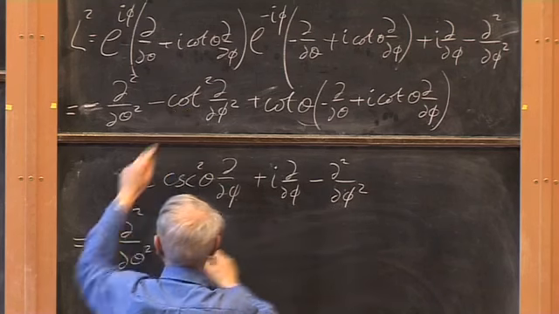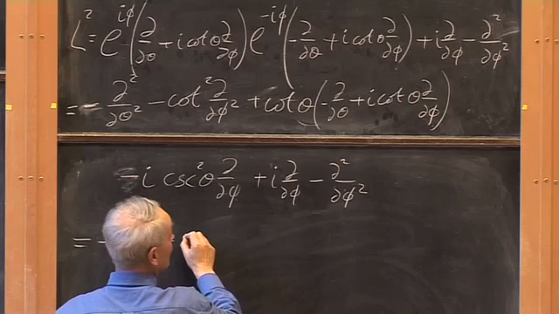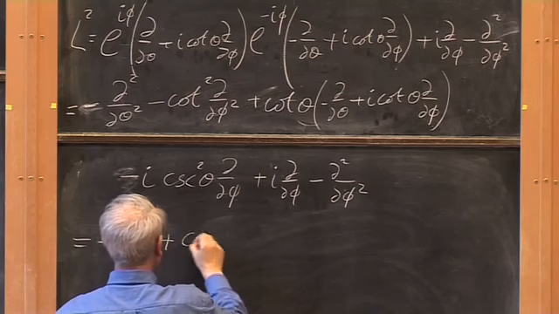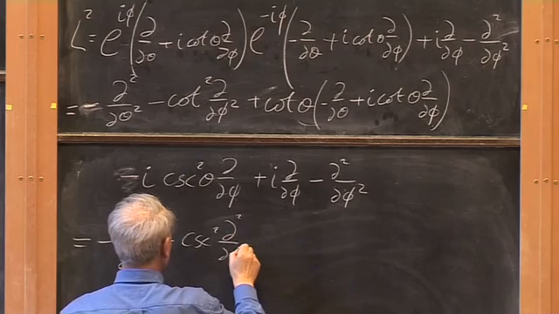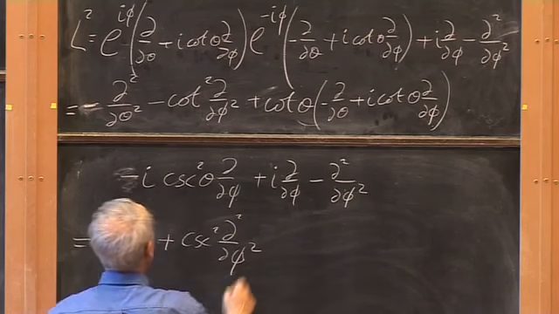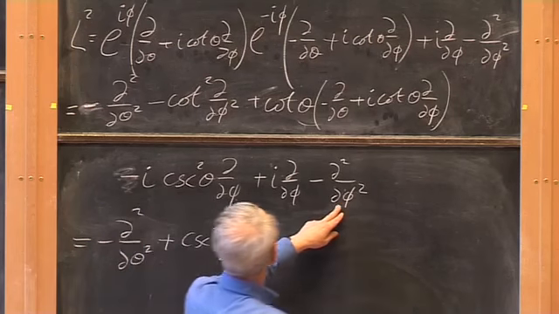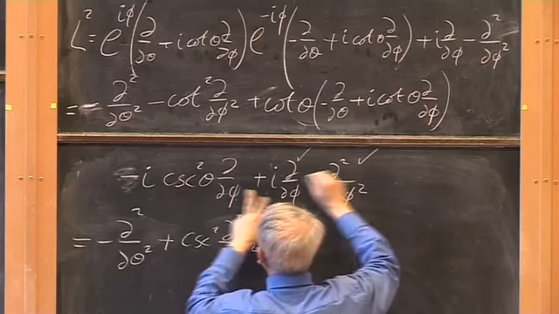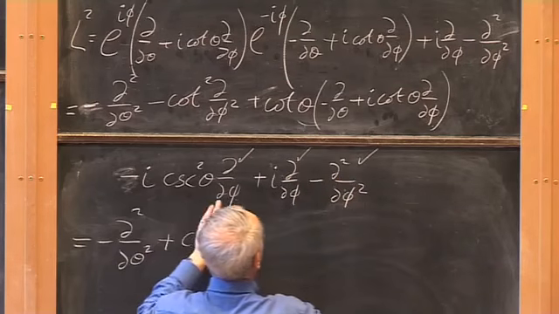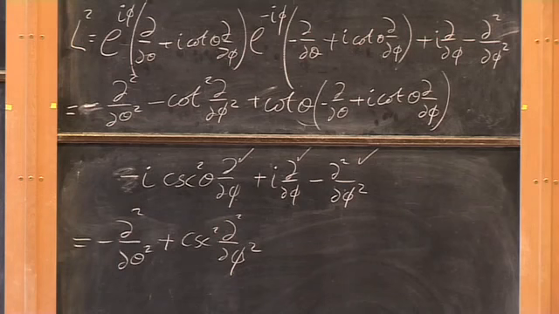So we get a minus cosec squared according to this. I'm slightly worried by this. So I'm going to end up with a cosec squared d2 by d phi squared, and I strongly suspect that sign is wrong, but that's what I've honestly got. So that's this dealt with, and this has been dealt with, and this has been dealt with. I think we're all tickety boo.